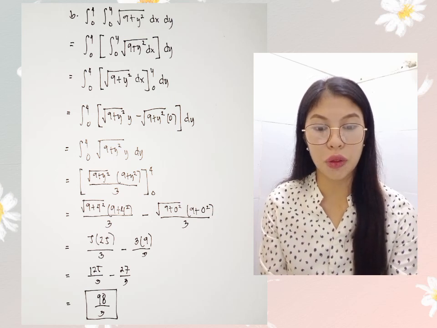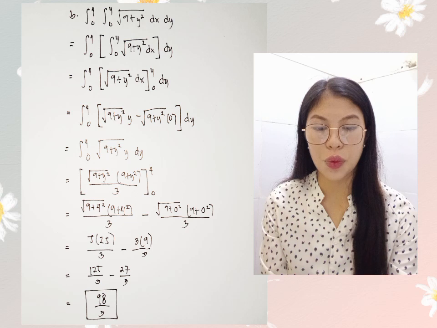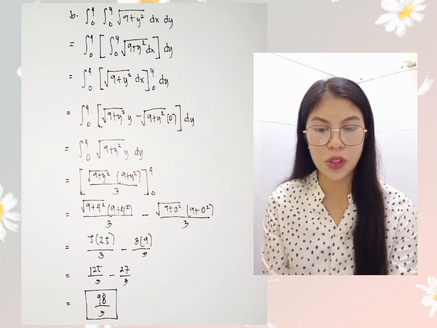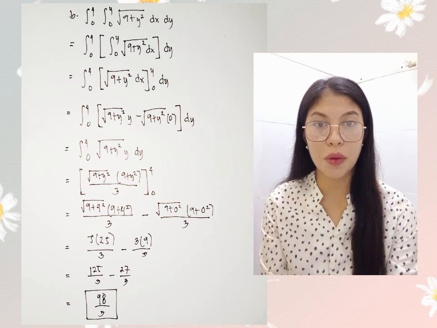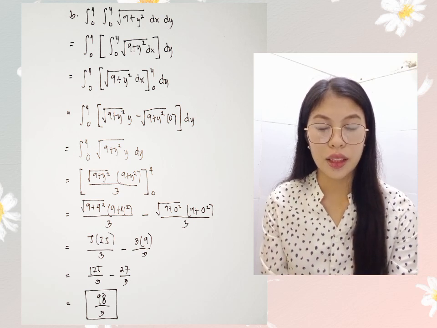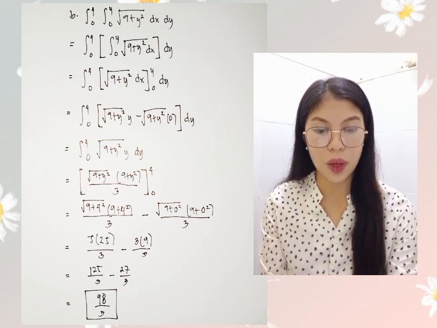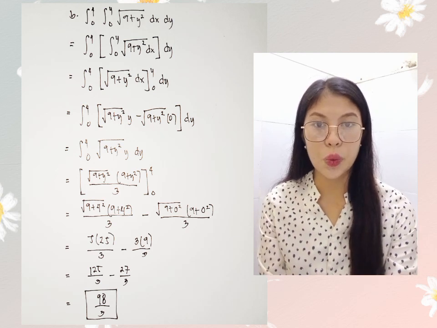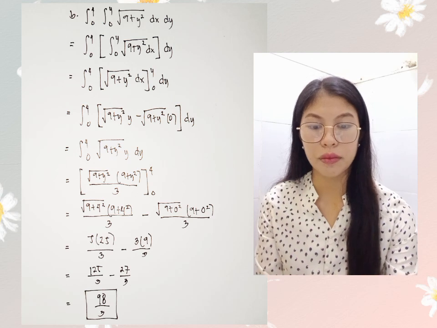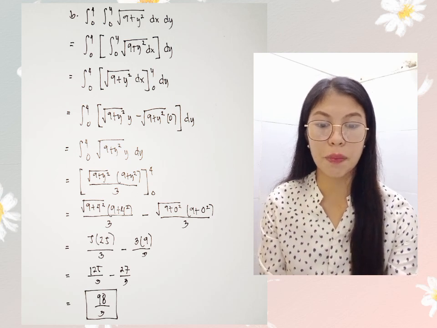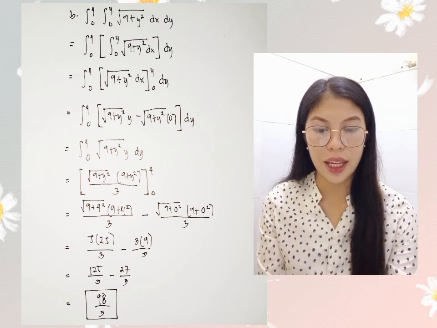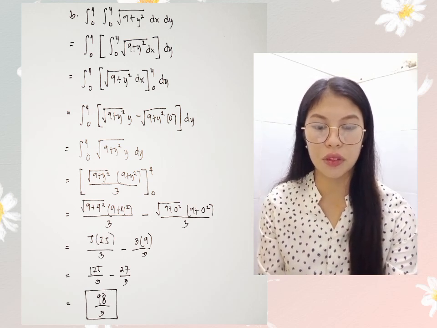So we plug in 4, that is the square root of 9 plus 4 squared times 9 plus 4 squared over 3, minus, then we plug in 0, the square root of 9 plus 0 squared times 9 plus 0 squared over 3. So we have the value for when we plug in the 4, 5 times 25 over 3, and 3 times 9 over 3 for 0.